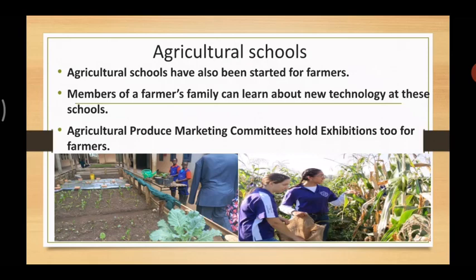Agricultural produce marketing committees hold exhibitions for farmers. These agricultural schools are kept for the members of the farmer's family to learn about the latest, improved agricultural technology. Let's move forward.